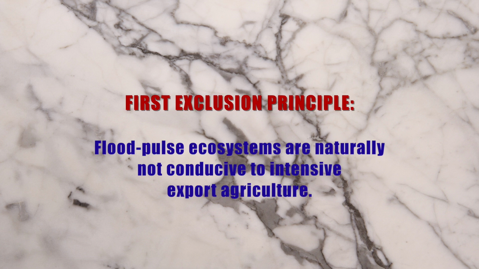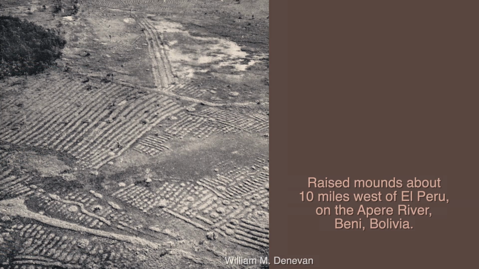Based on the above premises, a first exclusion principle regarding nutrient balance under flood pulse may be stated as follows. Flood pulse ecosystems are naturally not conducive to intensive export agriculture. A singular example of this principle is represented by the aboriginal cultural geography of the Llanos de Mojos in Beni, Bolivia.